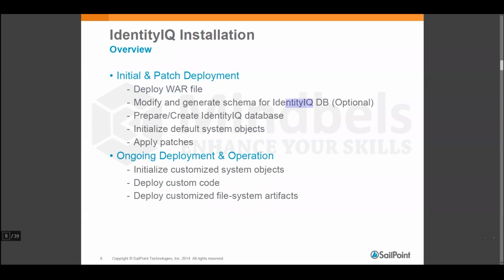We have to prepare or create the database and initialize some default objects. There are some default objects, initial objects, which are provided, so that we will be installing. And if there is any patch in the SailPoint version, then we will also be using that.